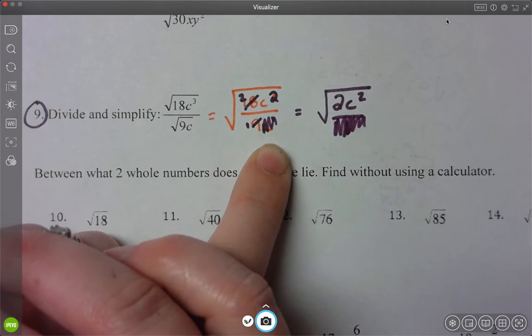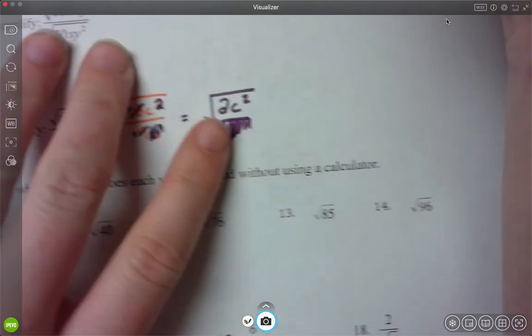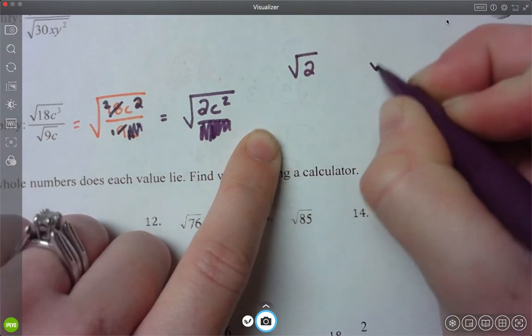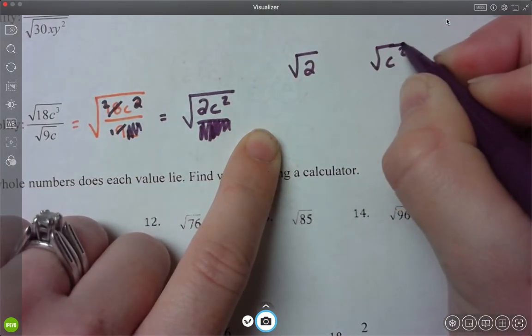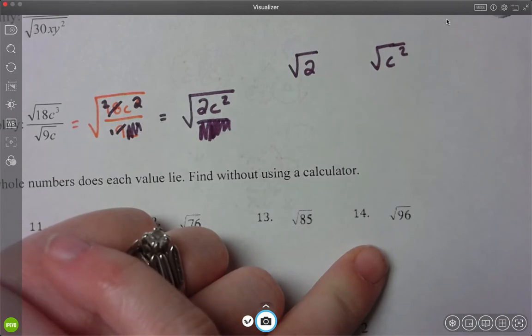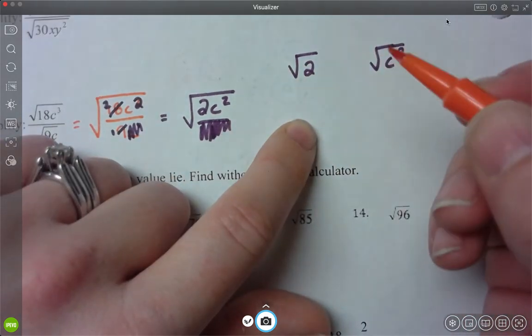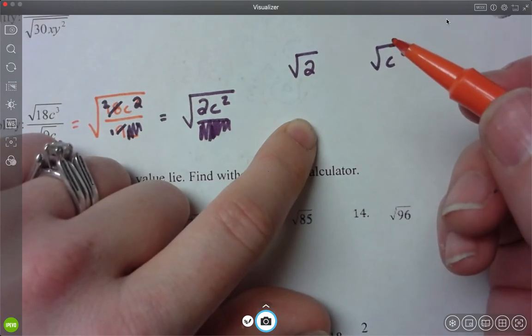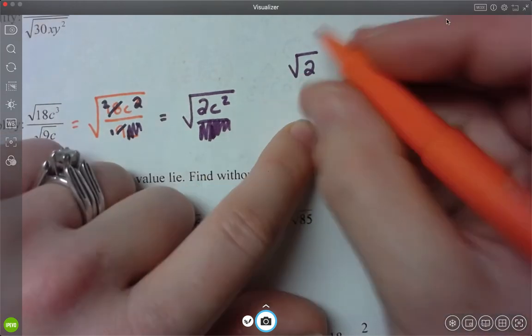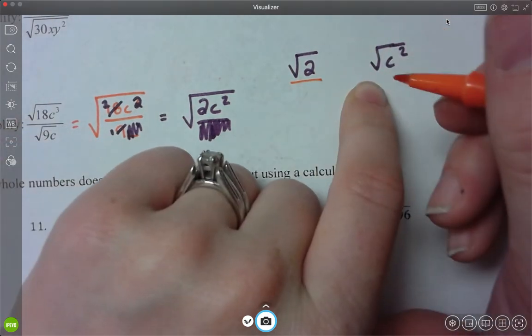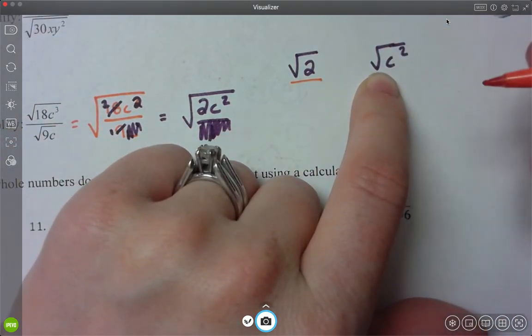And so then, last thing that I'm going to do is the square root of 2 and the square root of c squared. Okay, so let's see what I can do with these pieces. So the square root of 2, I can't even break him down because he's a really small number. So the square root of 2 is just going to stay as the square root of 2. I'm going to leave him. Okay, but the square root of c squared, is there something I can do with that? Well, he comes out perfectly because he's an even exponent, right?